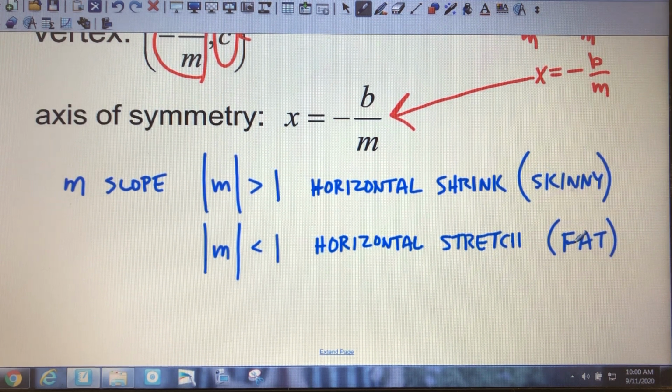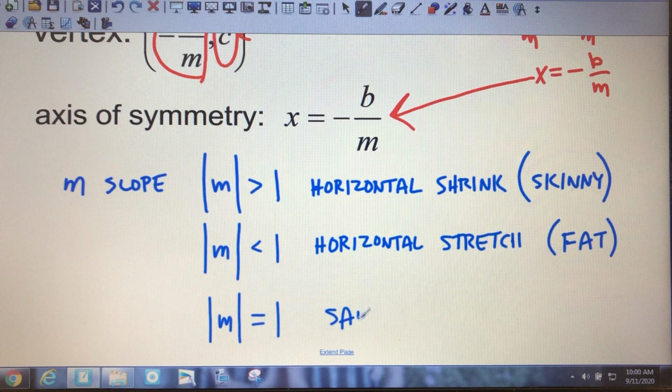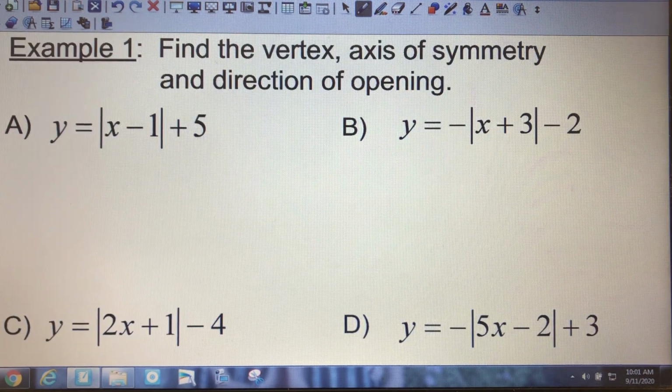Okay? So we're going to look at a couple of each type or one of each type at least. Now, if that absolute value of M is equal to 1, that stays the same. So that's kind of like what we did in Unit 1, all the basic graphs, all the basic V's.